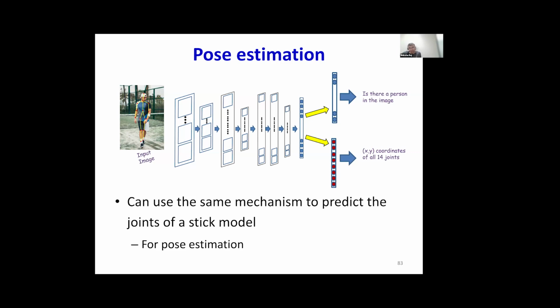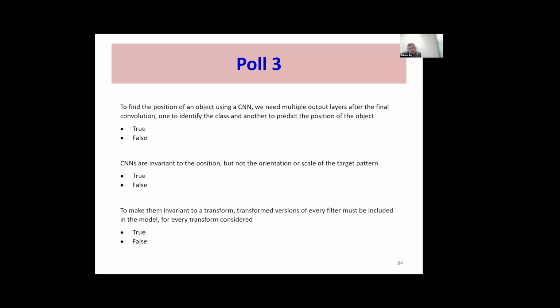And now you have a model which not only detects if there's a human being in the picture, it also finds out where their shoulder joints are, where their knee joints and hip joints are, and such like. It can draw your stick model, your skeleton, so to speak. Right? Yes. And when training, we're going to use a mix of both losses to backpropagate.